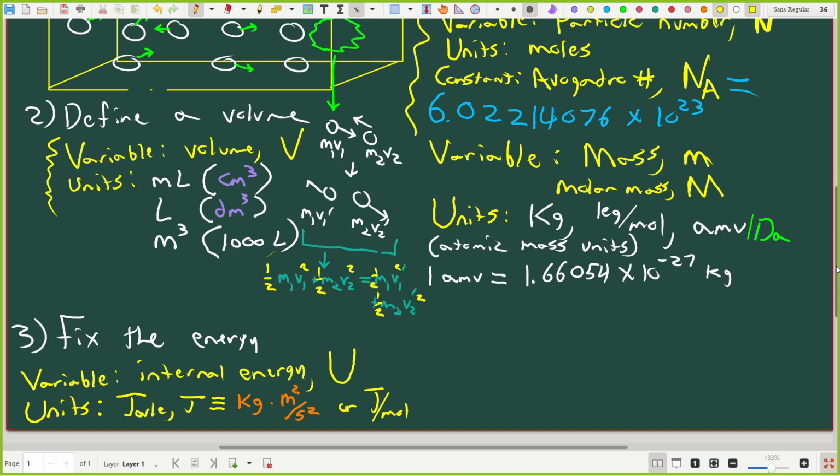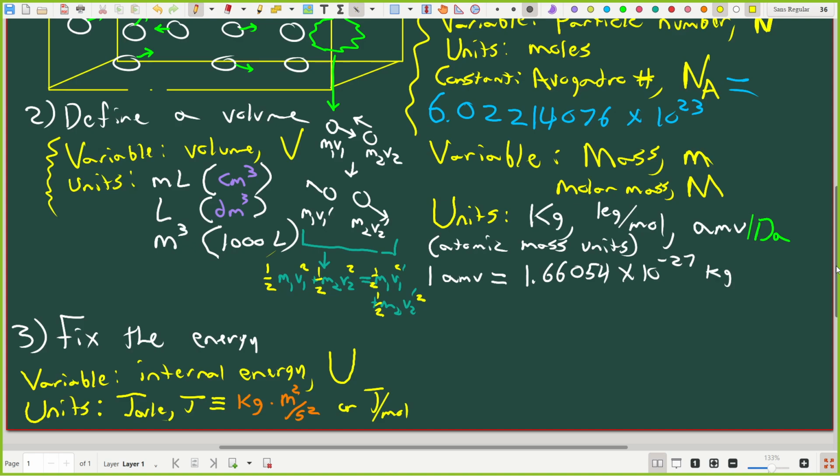As we're going to find out, and it'll take us a little bit of time to get the math to there, pressure is the response of the system's energy to changes in the volume. We can set the number of particles and we can set the volume, and then as we change the volume, the pressure changes, but what we'll find is that pressure has something to do with the energy.